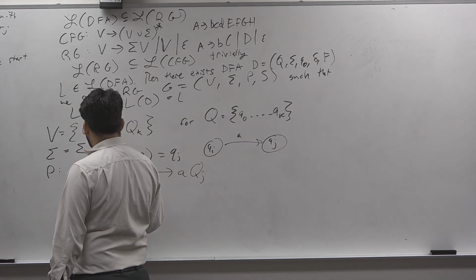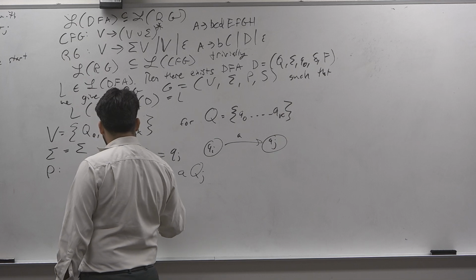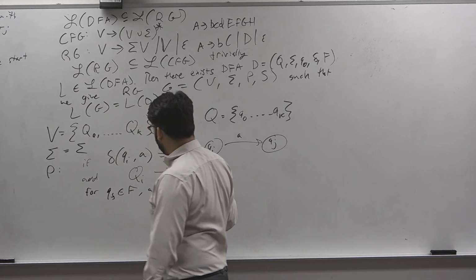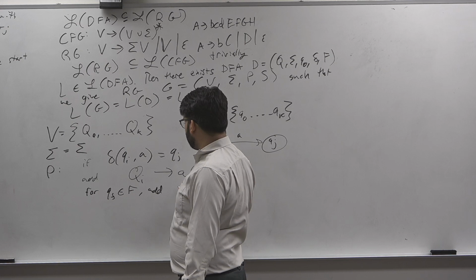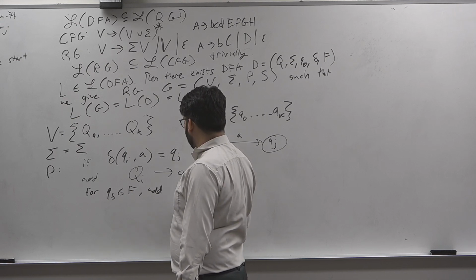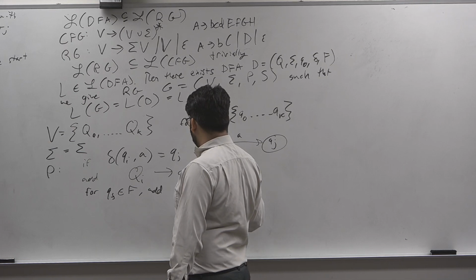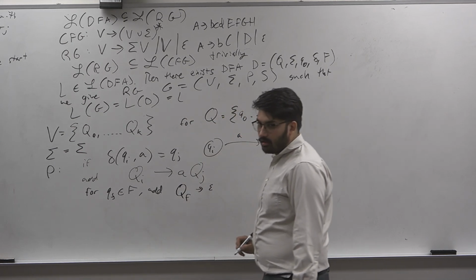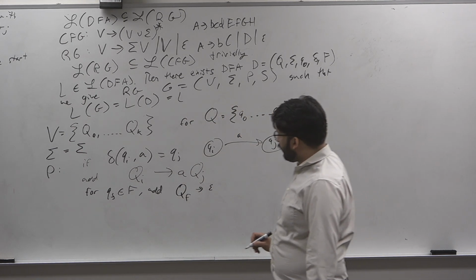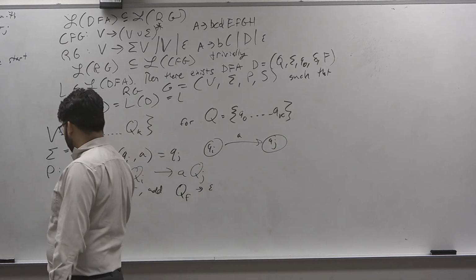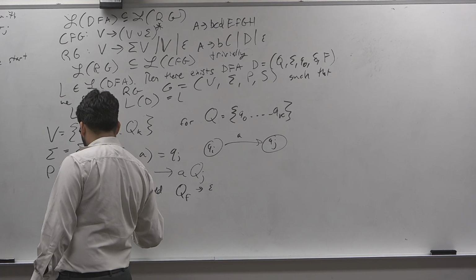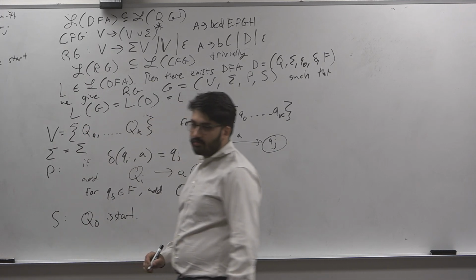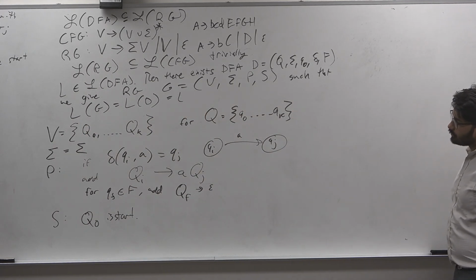For QF a final state, add a production of the form QF goes to the empty string. We need to accept somehow. And then what's our start state? Q0 is obviously the start non-terminal, right?